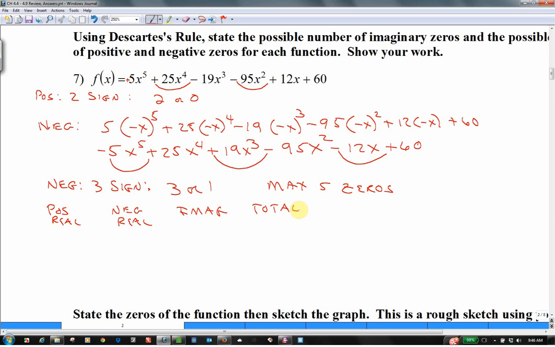Okay, and I have 4 situations. I could have 2 positive real roots and 3 negative real roots. I could have 2 positive real roots and the 1 negative real root. I could have 0 positive real roots and 3 negative real, and I could have 0 positive with the 1. Okay, and they all have to add up to 5.